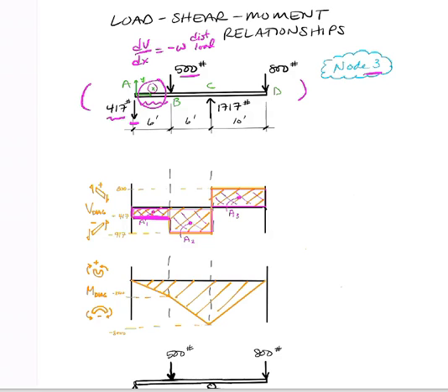Then at point B, we run into a 500 pound load again going down. That's going to kick me down a total of 500, taking me down to minus 917. I then continue flat again between B and C because I have no distributed load on the beam. And then I encounter a point load at C of 1717, so that means a jump up.